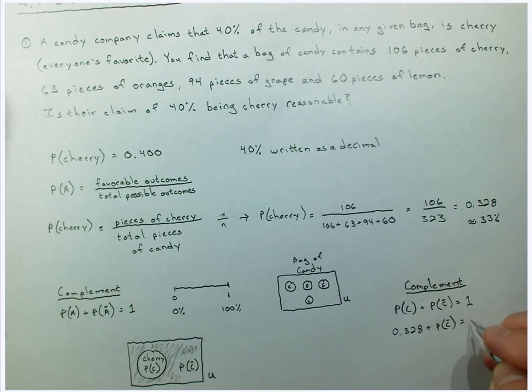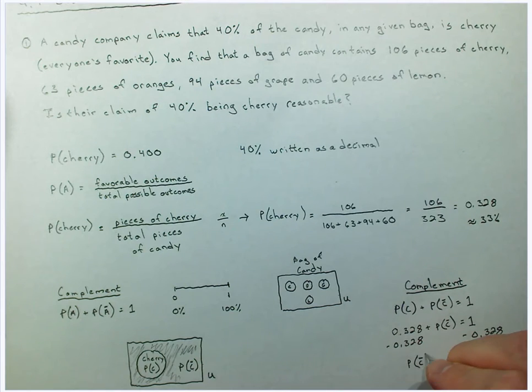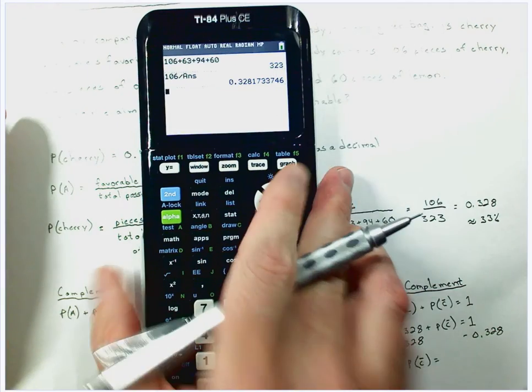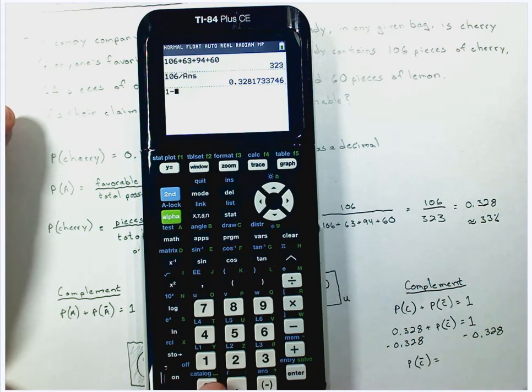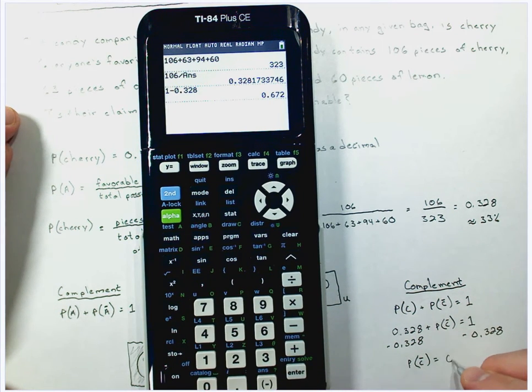If I add all of those together, I'm going to get 1. So how do I find that? I subtract this from both sides. So the probability of not getting cherry is 1 minus 0.328, which is 0.672. So around 67% of not getting cherry.